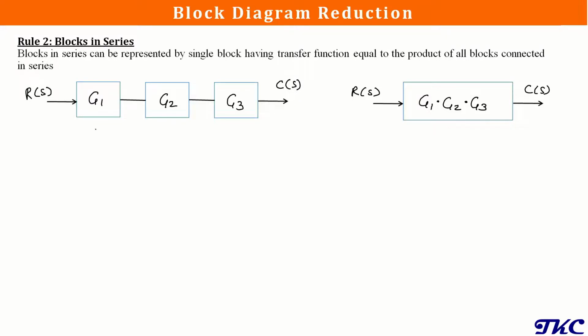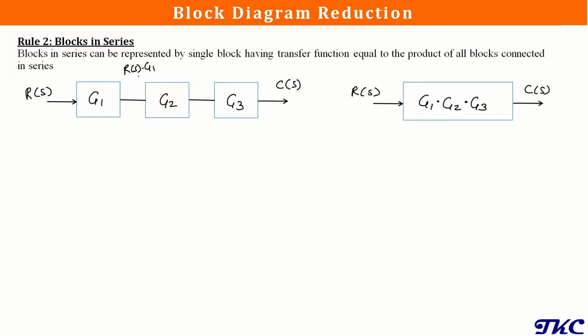Now let's try to understand how this is the same, because when you replace one thing with another, it needs to give the same output. Suppose this is the input R of S and it goes through G1. So the output at this end will be R of S into G1. Whenever a signal passes through a block, the signal gets multiplied with the transfer function of that block.